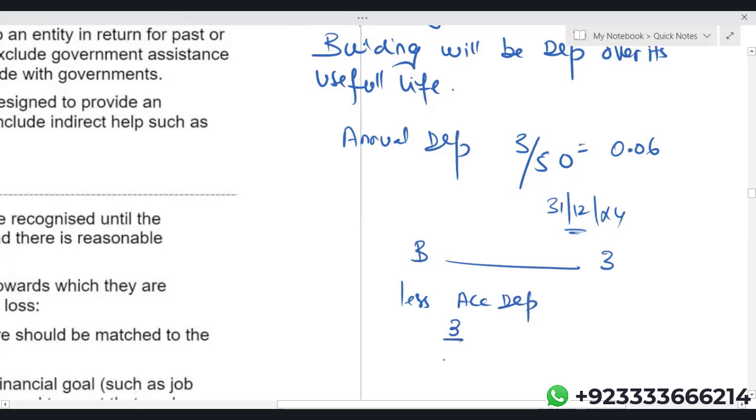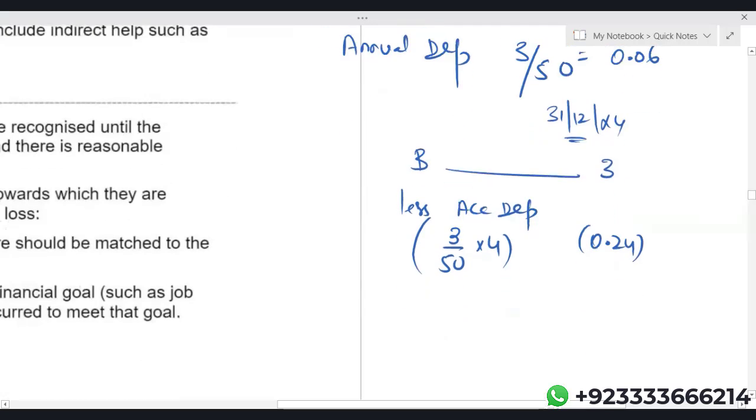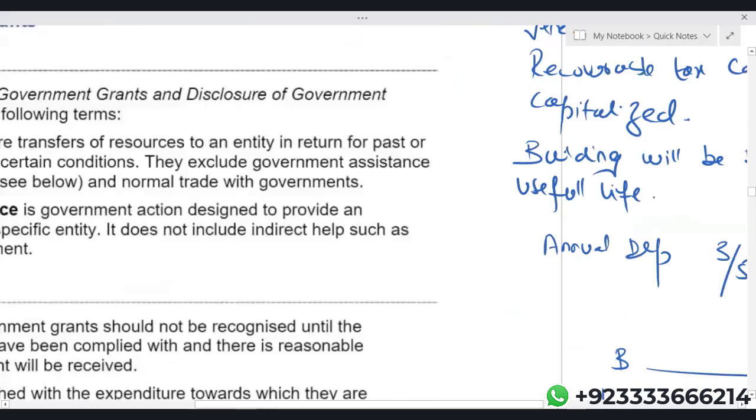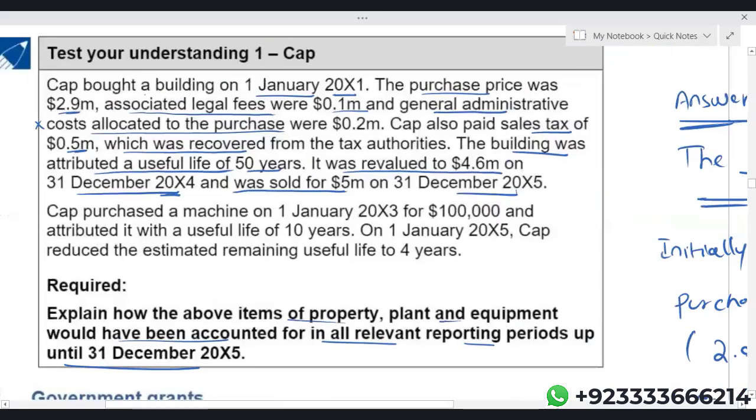So simply 3 divided by 50 into 4. I'm getting 0.24. So the carrying amount of the building before revaluation is 2.76. Now this 2.76 will be compared with the revalued amount, which is 5 million.